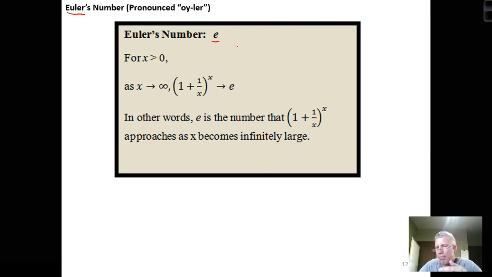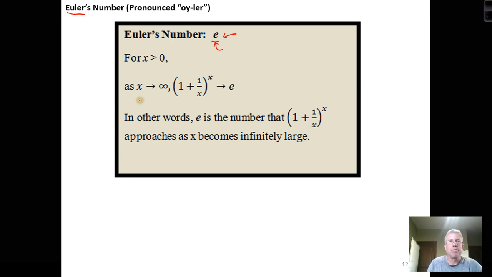It shows up in modeling applications where you have continuous growth or continuous decay. If you go on to calculus, this number is going to play a big role, especially when you're doing differential equations. It shows up in population models, logistic models, shows up all over in mathematics, and is important enough so that it gets its own calculator key on your calculator.